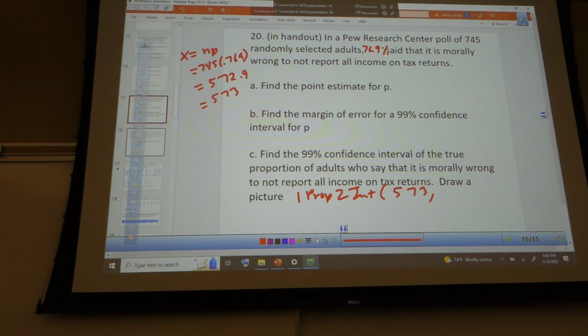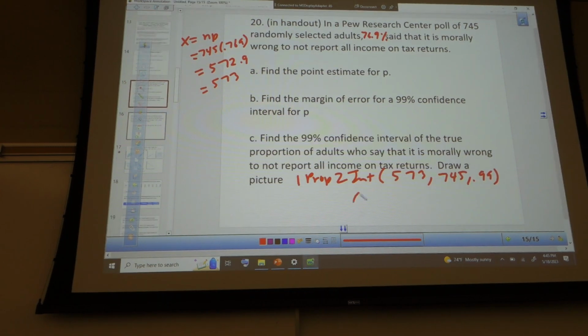Okay, is everyone done with this one? Yes. Okay, add a 745.99, and what did you all get? 0.729, and then 8.0808. 809, right? Okay, perfect.